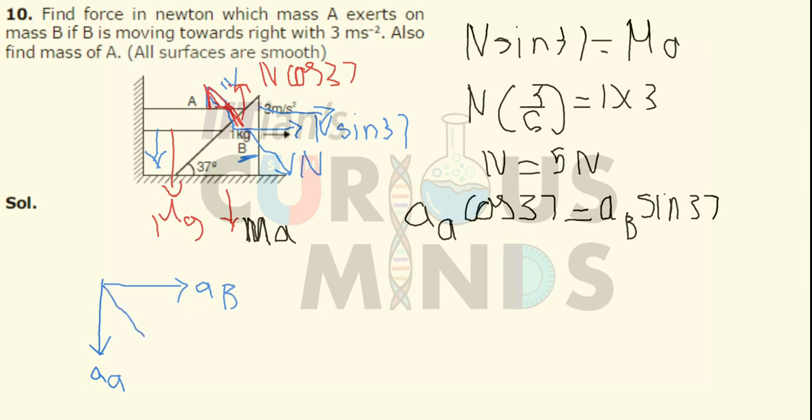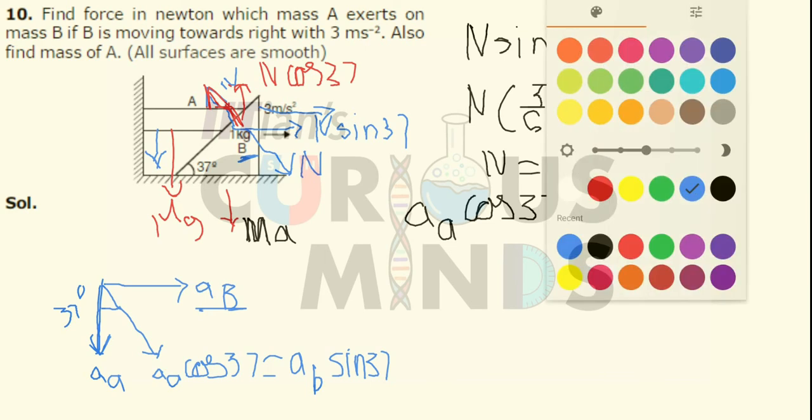So their component at this angle, that is this angle is equal to 37 degree, the component AA cos 37 should be equal to AB sine 37. Both these components should be equal, only then they will have an acceleration in the vertically downward and in the horizontal direction.